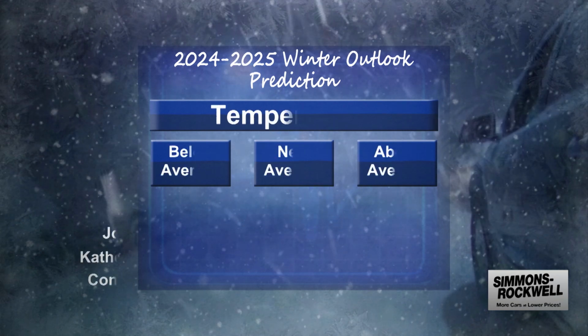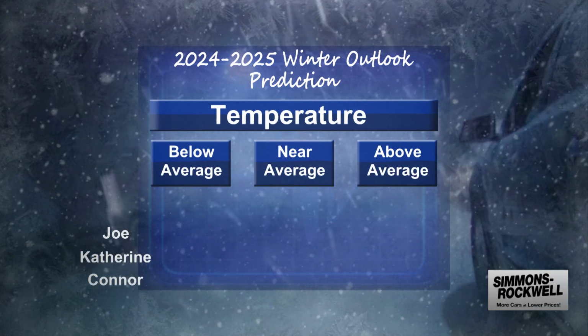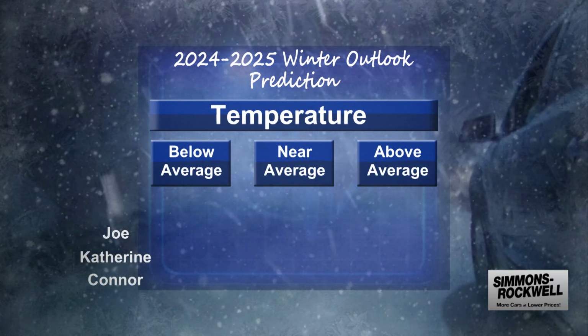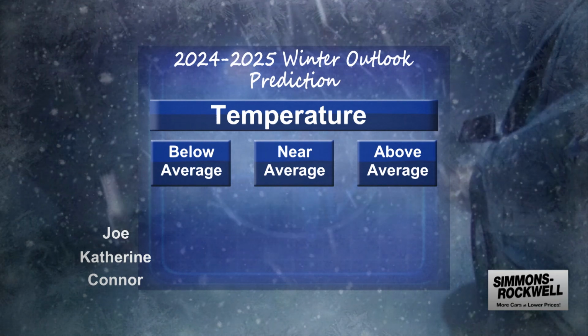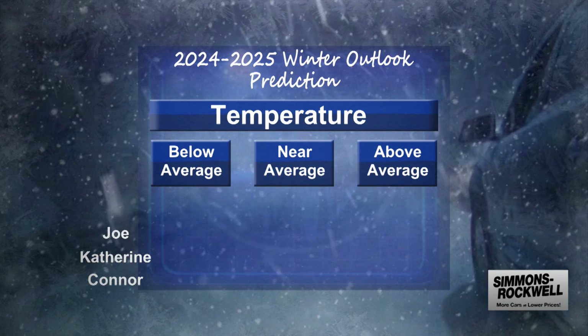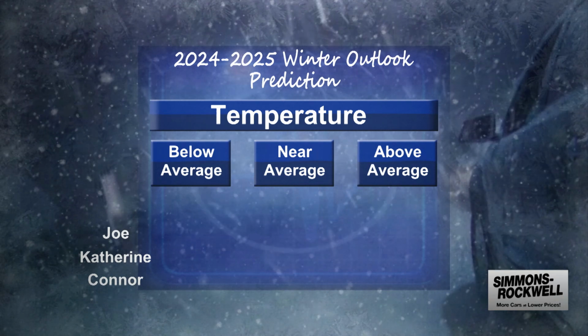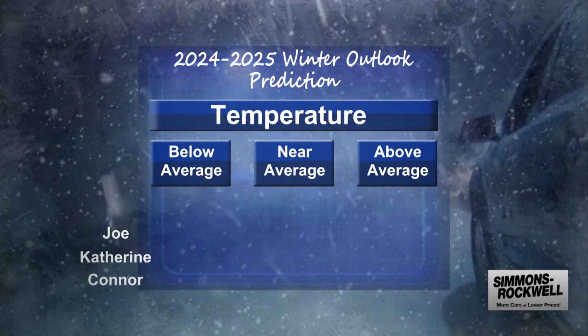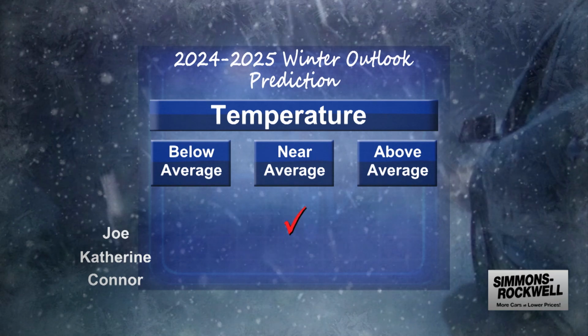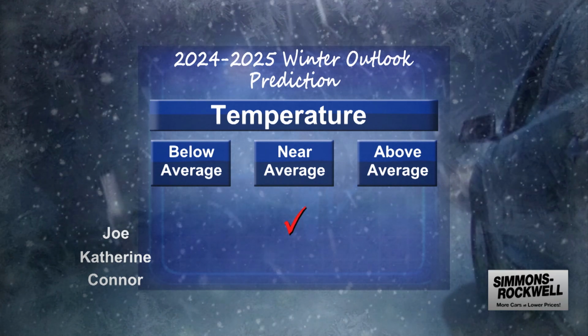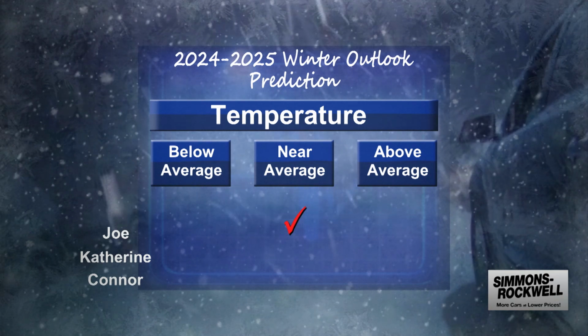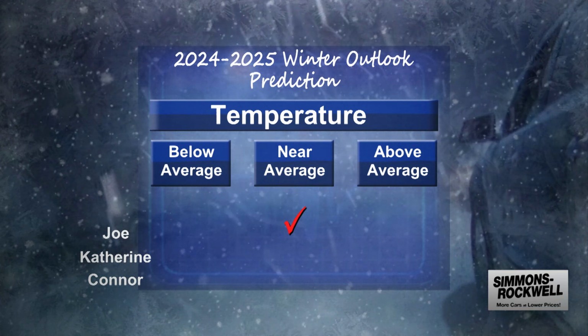Well, what about us? And as far as our predictions go, I'll start with myself. At least what I'm thinking is near average temperatures here across our portion of the country. So like Catherine was mentioning earlier, we could be looking at a couple cold spells mixed in, but that'll also kind of balance out with the above average temperatures for much of the winter.